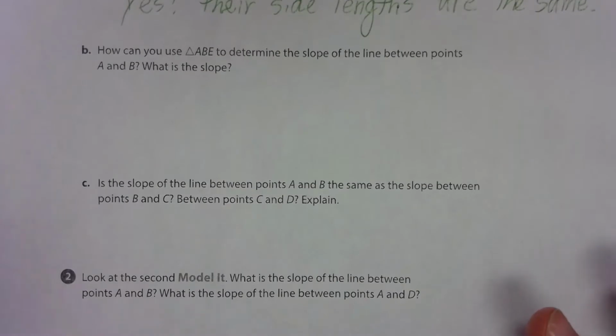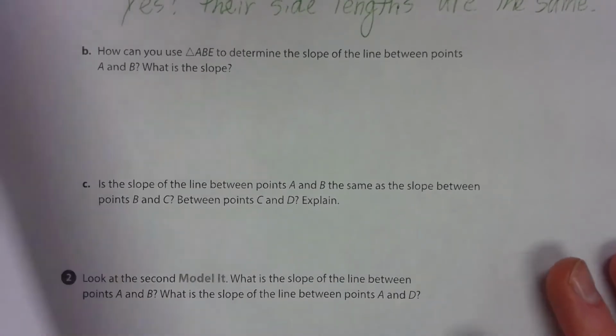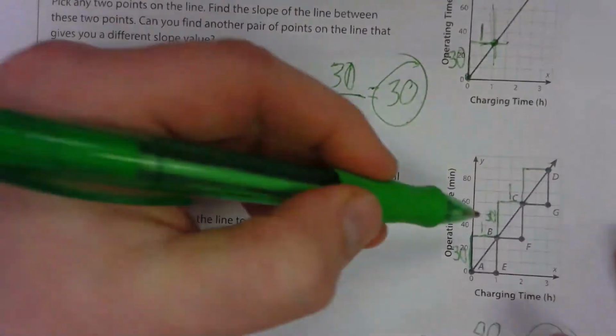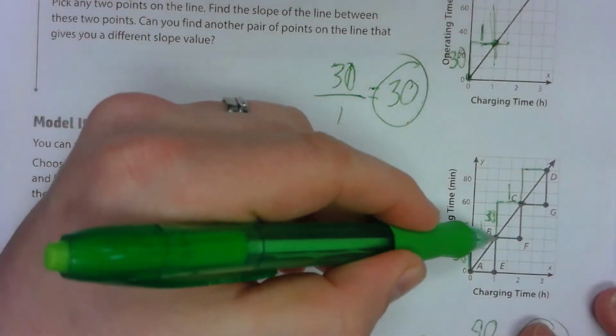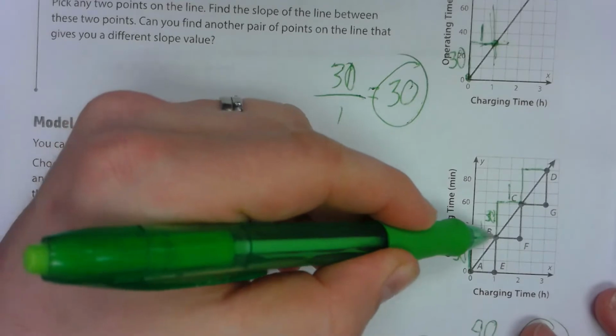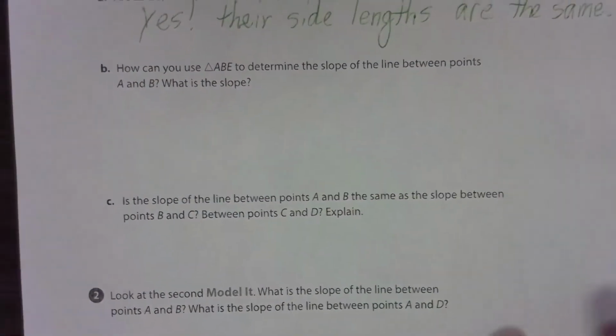How can we use ABE to determine the slope of the lines between point A and B? What is the slope? Well, we are going to say how much does it go up and how much does it go over.